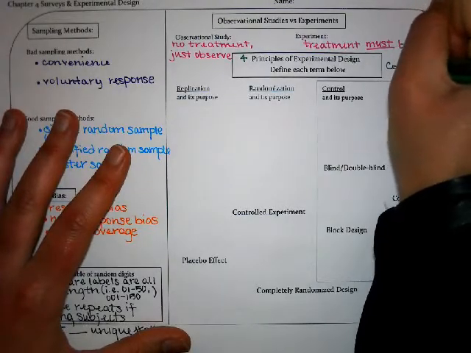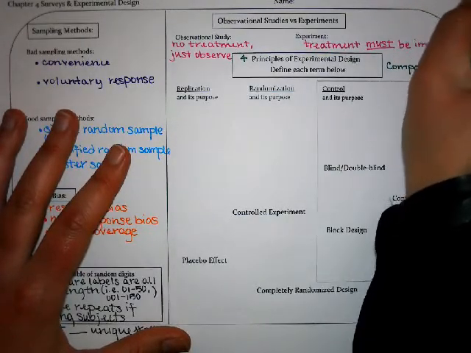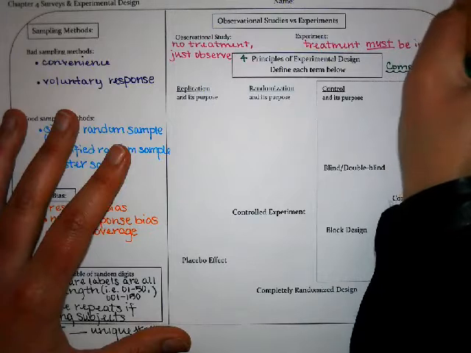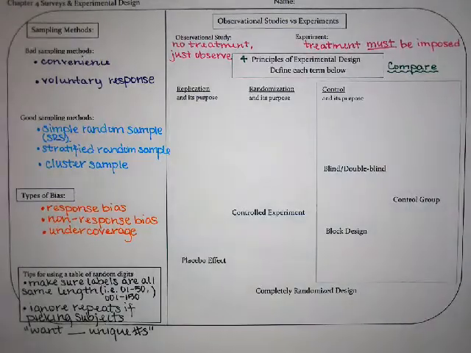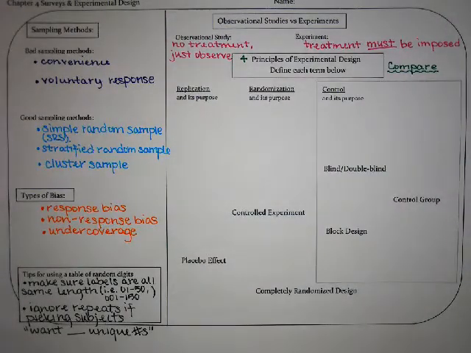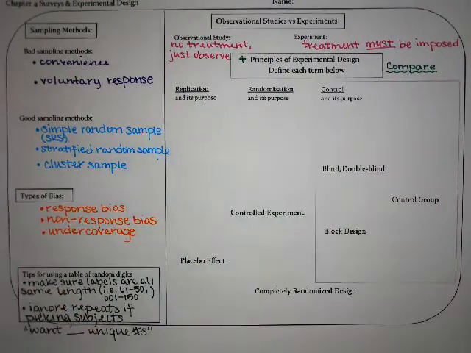Which isn't listed because, well, it's kind of self-explanatory. You need to compare your results. So there it is. And then these ones we're going to talk more in depth about.